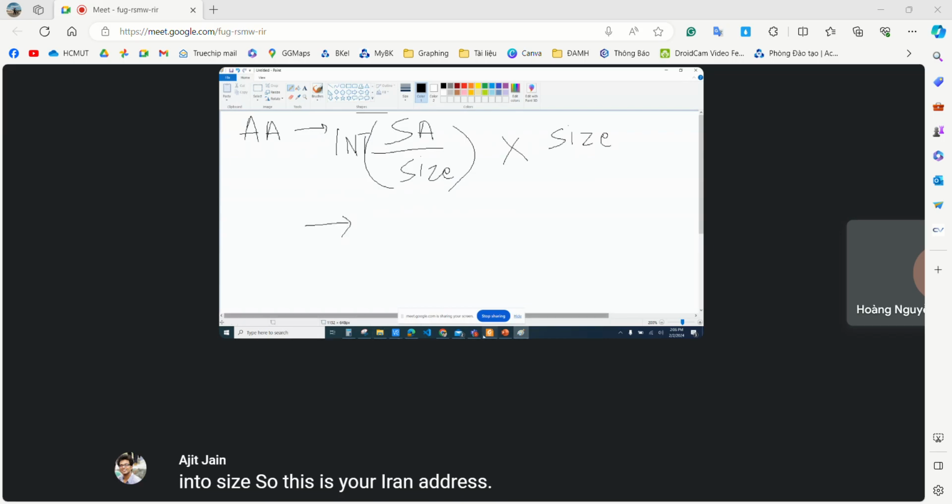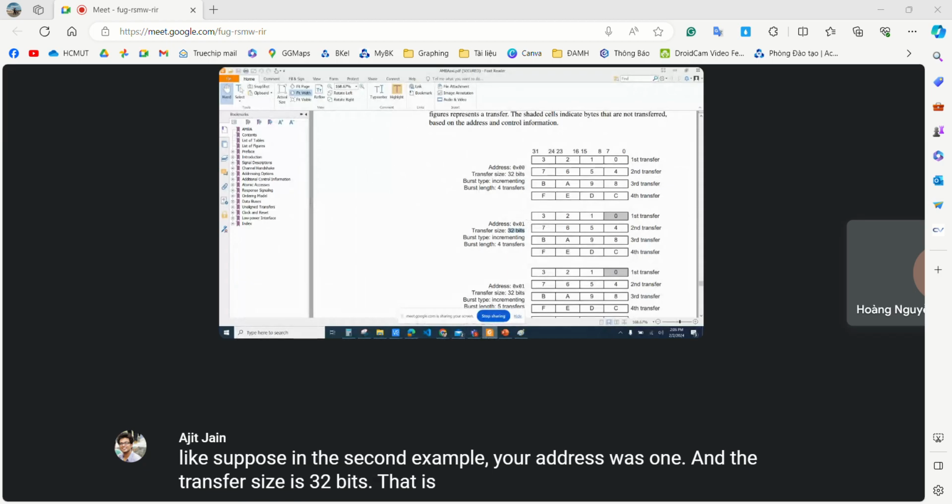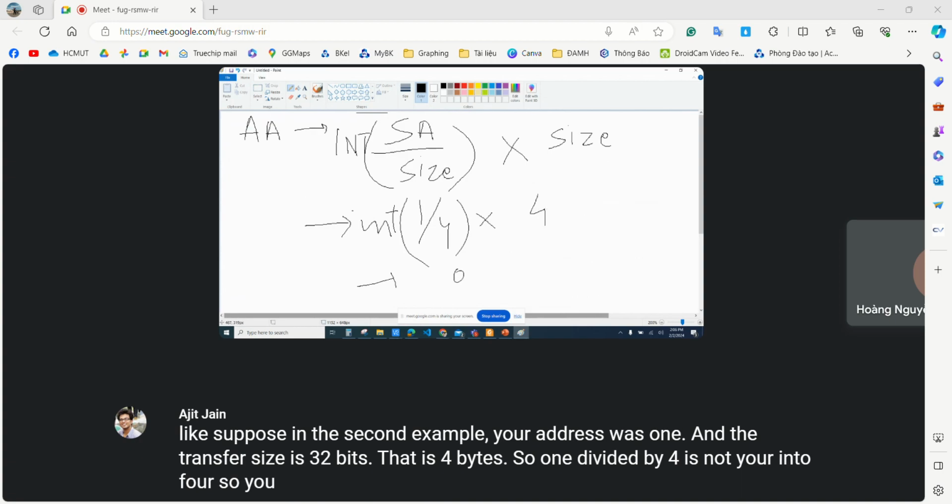Like suppose in the second example, your address was 1 and the transfer size is 32 bits, that is 4 bytes. So 1 divided by 4 is not your integer, into 4. So you will get 0 into 4, 0.